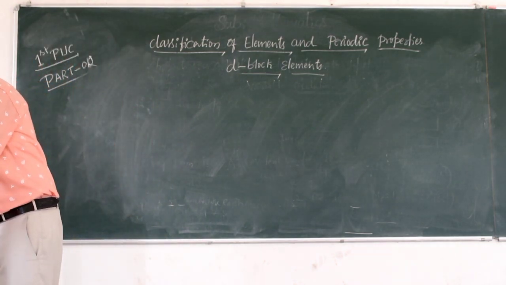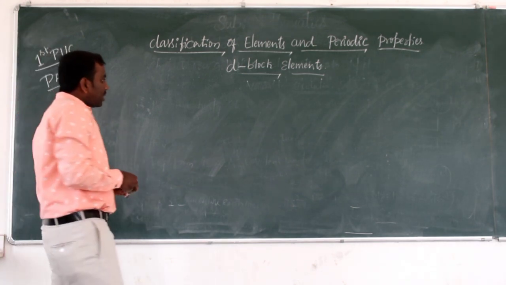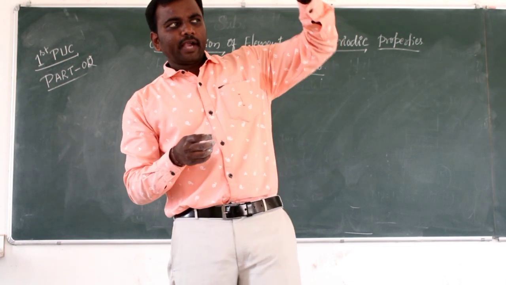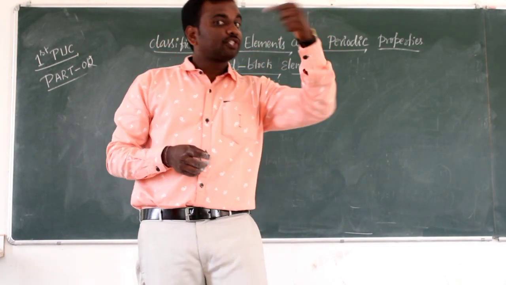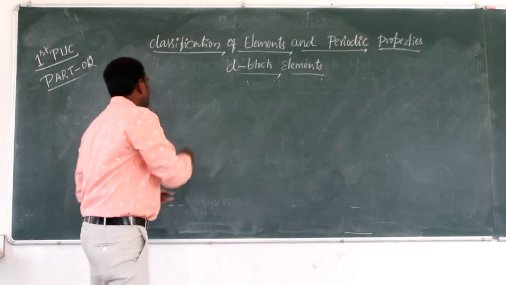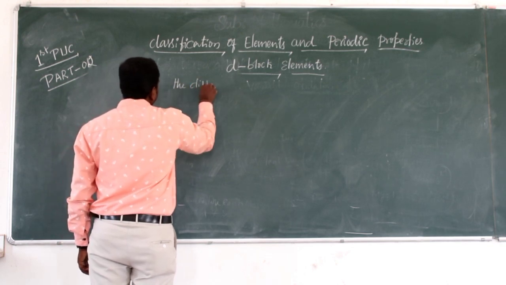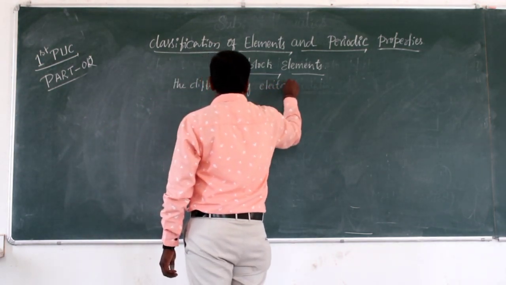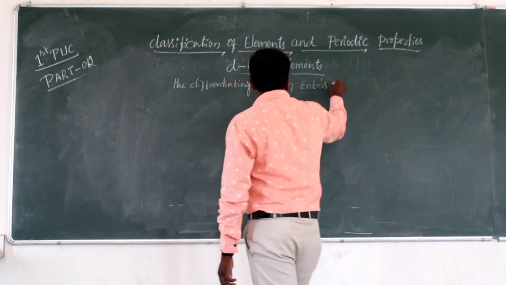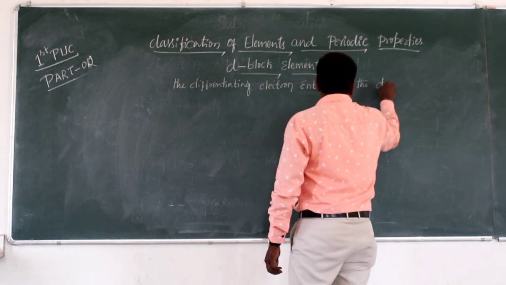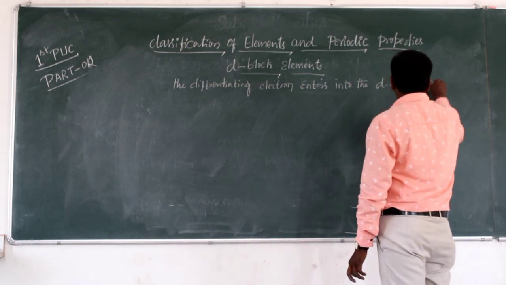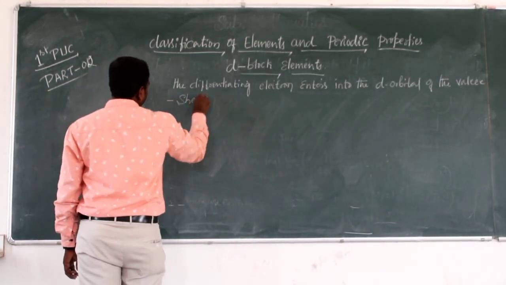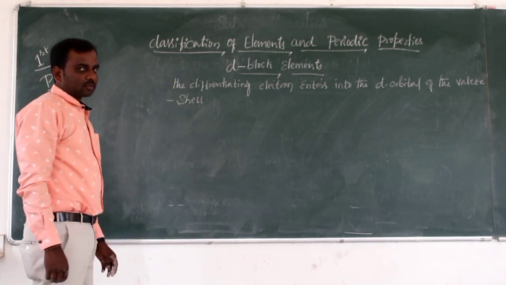See here, d block elements means the differentiating electron enters into the d orbital of the valence shell. That is called d block elements, right?